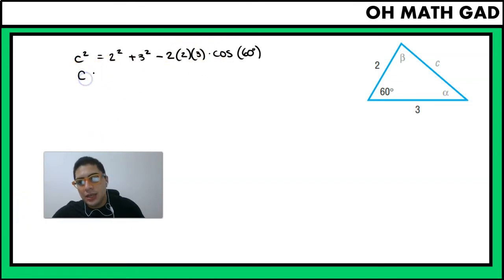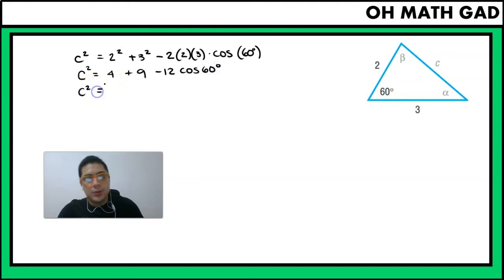So c squared, sorry, is going to be 4 plus 9, right? Minus 2 times 3, which is going to be minus 12, times the cosine of 60, right? So c squared is going to be equal to 4 plus 9 minus 12 times the cosine of 60. And that is going to be a value of 7.